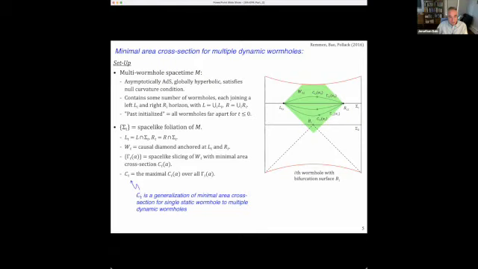And this C sub T then is their candidate for the generalization of minimal area cross-section for a single static wormhole to this more general case of multiple dynamic wormholes. So maybe to make these constructions slightly more concrete, here I reproduced a diagram from their article on the right.